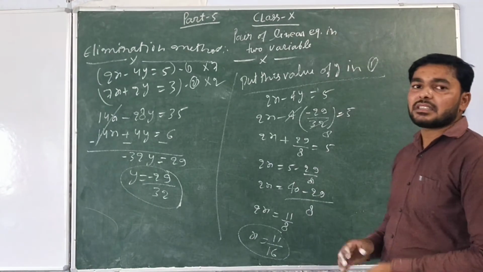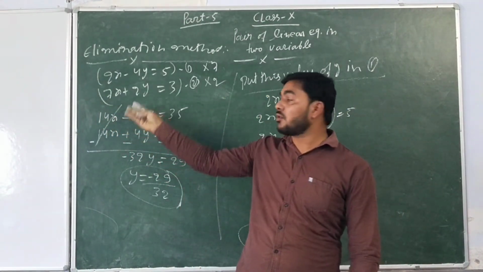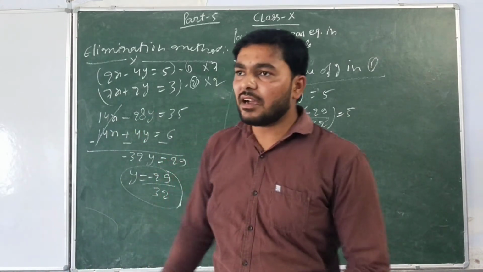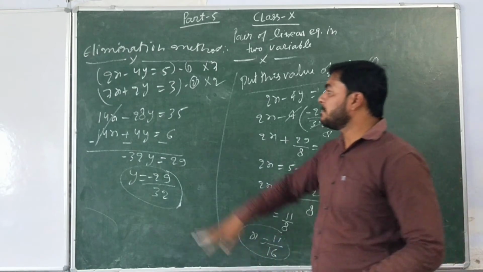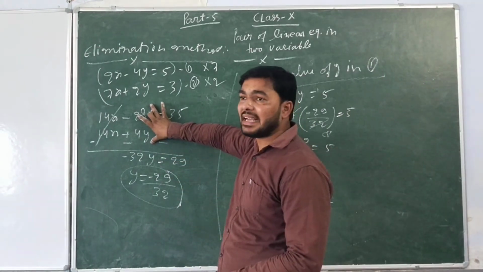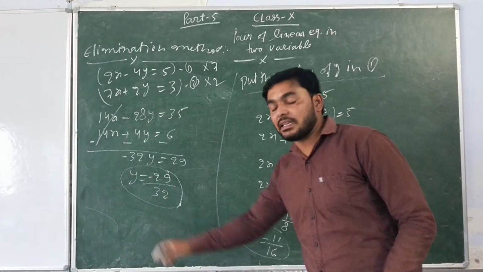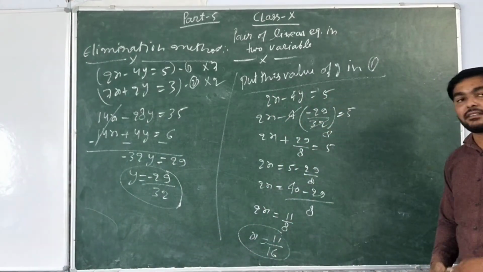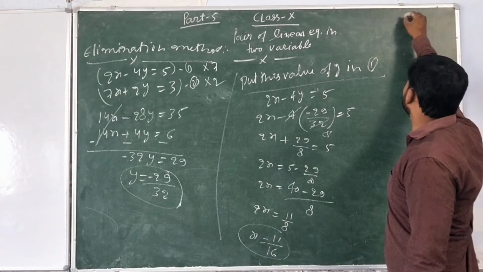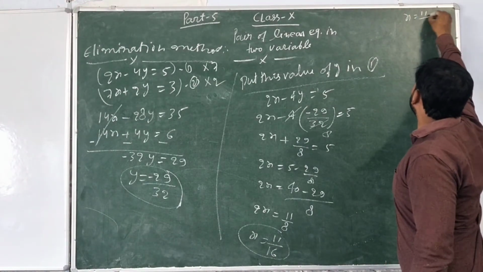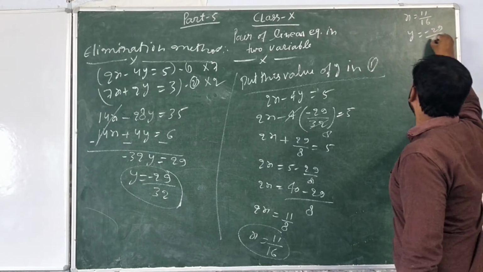Now the second method: in this method we have to make the coefficients of x or y the same. In this example we are going with making the coefficient of y the same. Then you will get the same values of x and y: x is equal to 11 by 16, y is equal to minus 29 by 32.